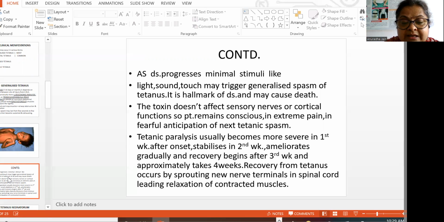Recovery from tetanus occurs by sprouting new nerve terminals in the spinal cord, leading to relaxation of contractile muscles. As you know, they affect the neuromuscular junctions, so they are damaged. So whenever there is recovery, there is a regeneration or sprouting of new nerve terminals, because the old are damaged, and once they are damaged, they cannot be repaired or regenerated.